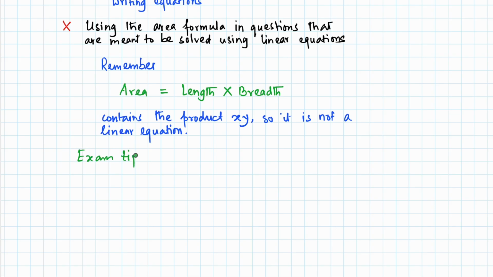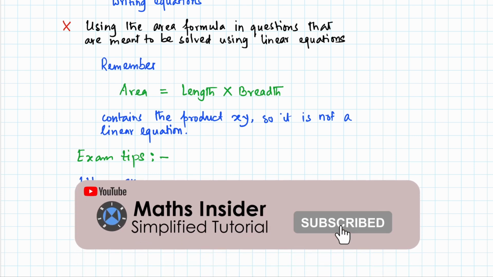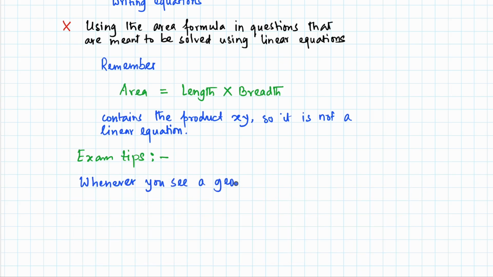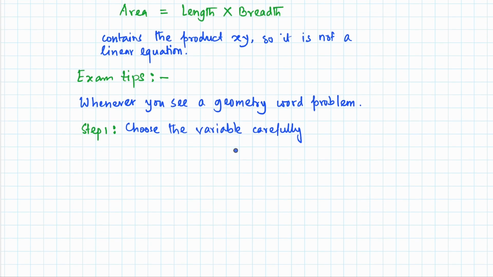Now, exam tips. Whenever you see geometry word problems which include the perimeter and the relation of the sides or the dimensions of the geometrical shape, choose the variable carefully, in such a way that it will fulfill the other steps as they follow.